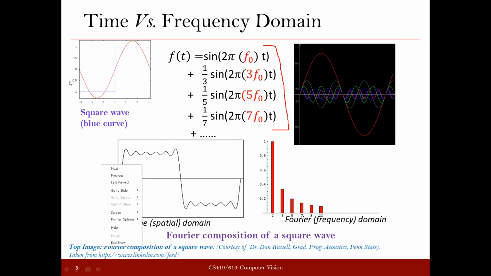In this example, if you just take the sine function with fundamental frequency, let's say f naught, you get a sine curve like this, denoted here with red color. This sine curve is a bit similar to the square wave, but not exactly. But when you keep increasing the frequency and keep adding new sine waveforms, the added value will become closer and closer to the square wave.